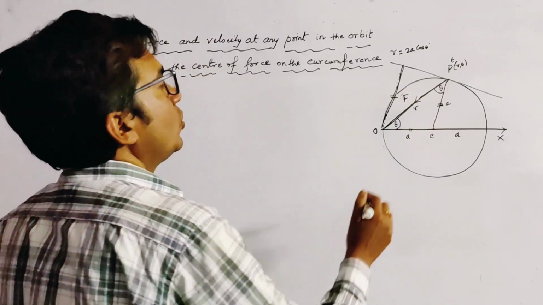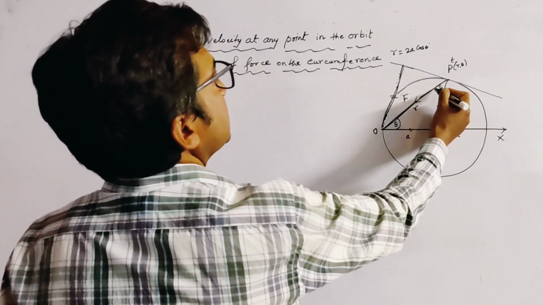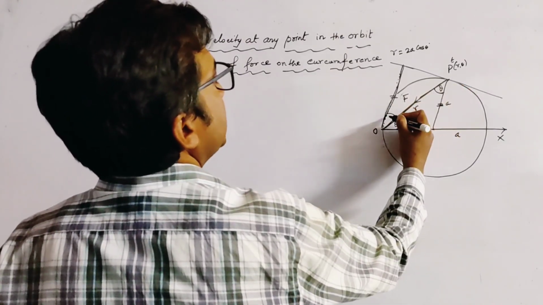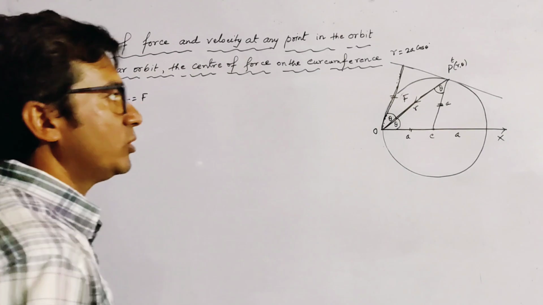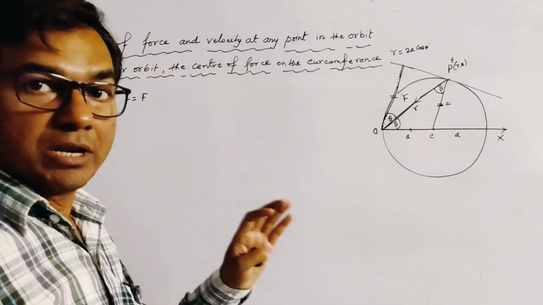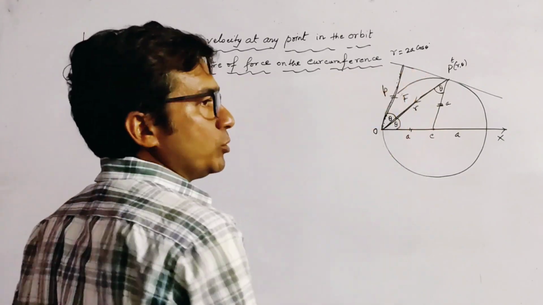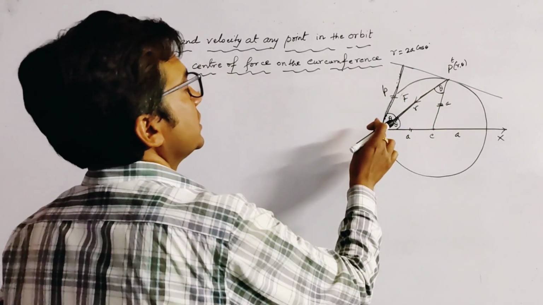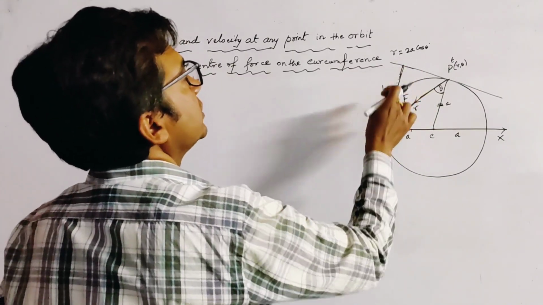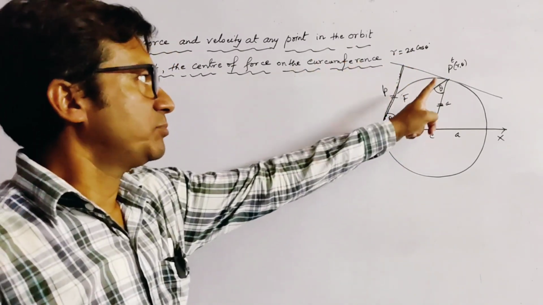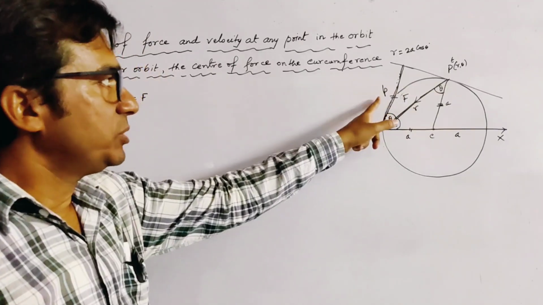So by the alternate angle formula we get this is theta and this also is theta. And from differential calculus we get this length is small p, because this is the perpendicular on the tangent from the pole to the tangent at P. So this is taken to be p.